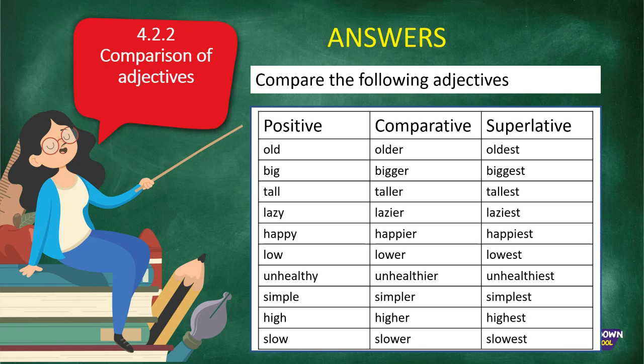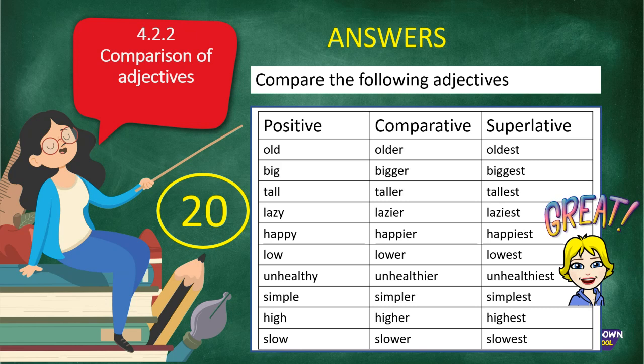Tall, taller, tallest, lazy, lazier, laziest, happy, happier, happiest, low, lower, lowest, unhealthy, unhealthier, unhealthiest, simple, simpler, simplest, high, higher, highest, slow, slower, slowest. You got all those? 20 marks for those. Count up your marks quickly and keep a record of them. Okay, let's go on.